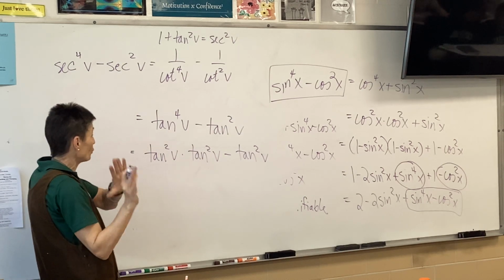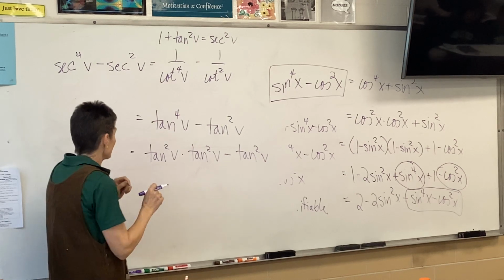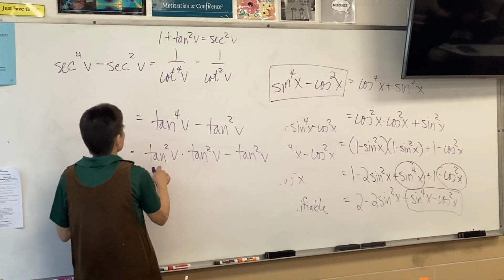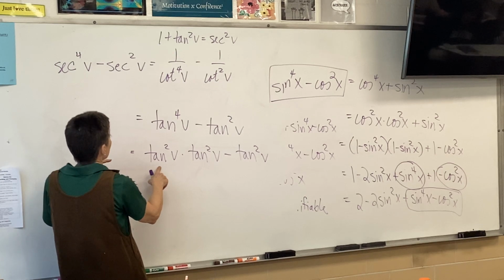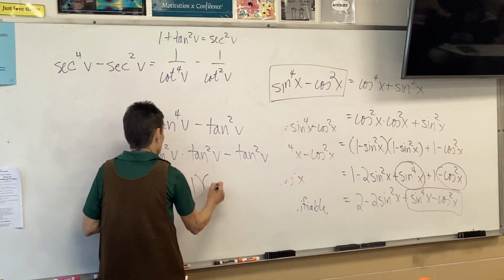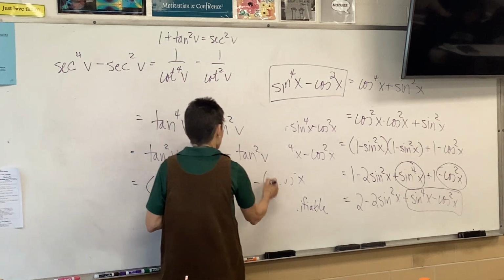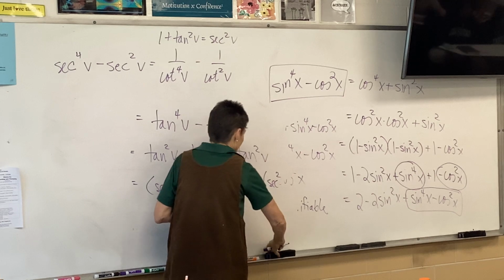Now, you could, let's just do it. So what's tangent squared going to be? Secant squared minus 1. And I'll just change them all.